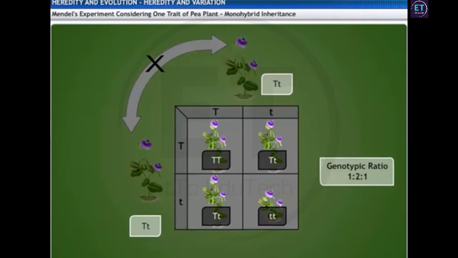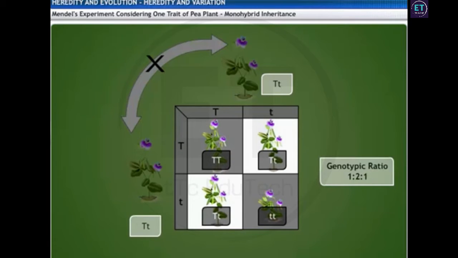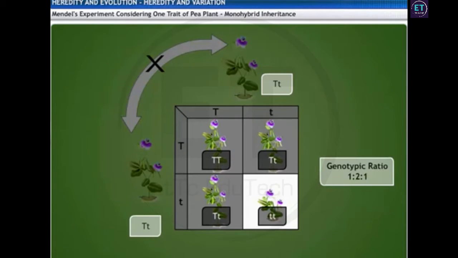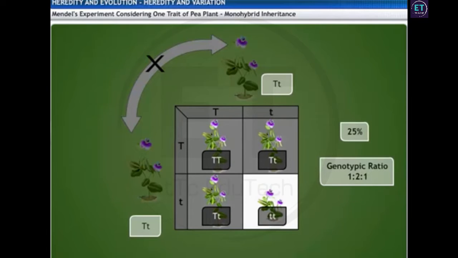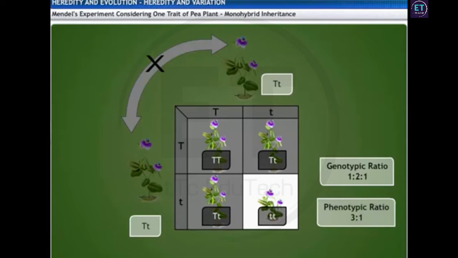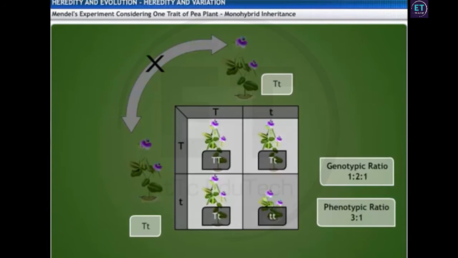This gave the genotypic ratio of 1:2:1. 1 pure tall plant, 2 hybrid tall plants, and 1 dwarf plant. Thus, 75% of the progeny produced in F2 generation were tall and 25% were dwarf. This gave the phenotypic ratio of 3:1.